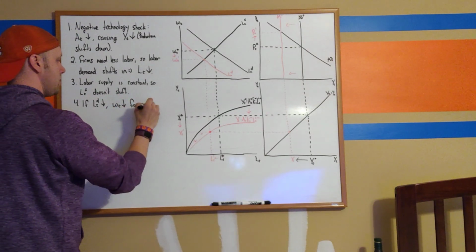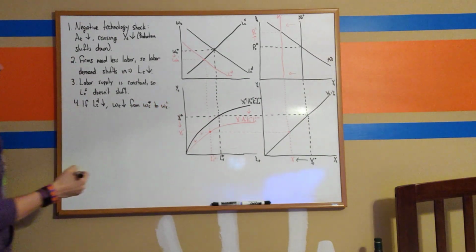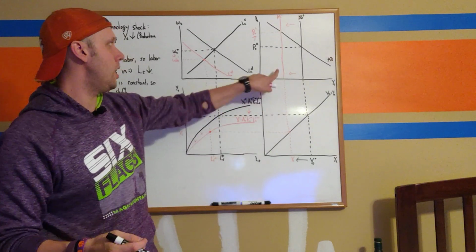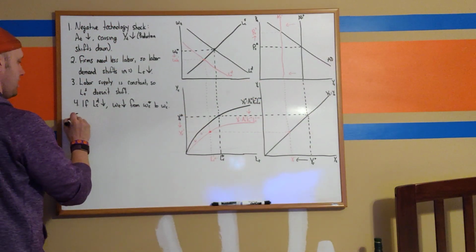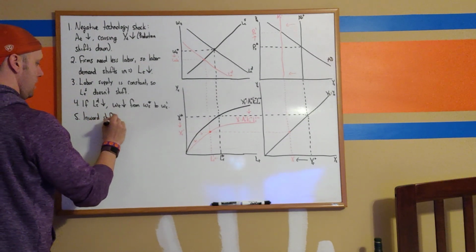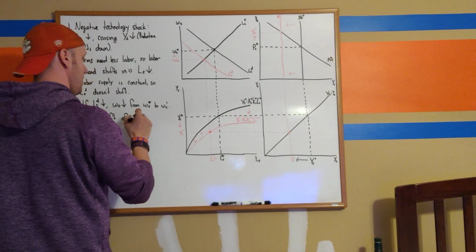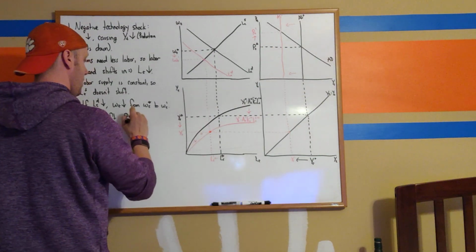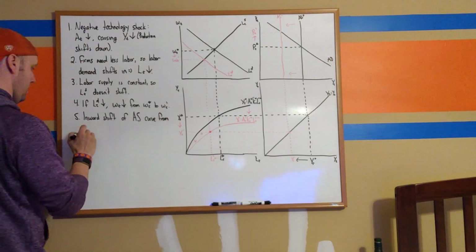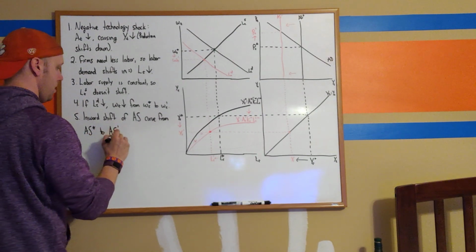They're going to fall from W star to W prime, which is what we have here. Wages fell. And we trace that dotted line over and then up. There's an inward shift of the aggregate supply curve from AS star to AS prime.